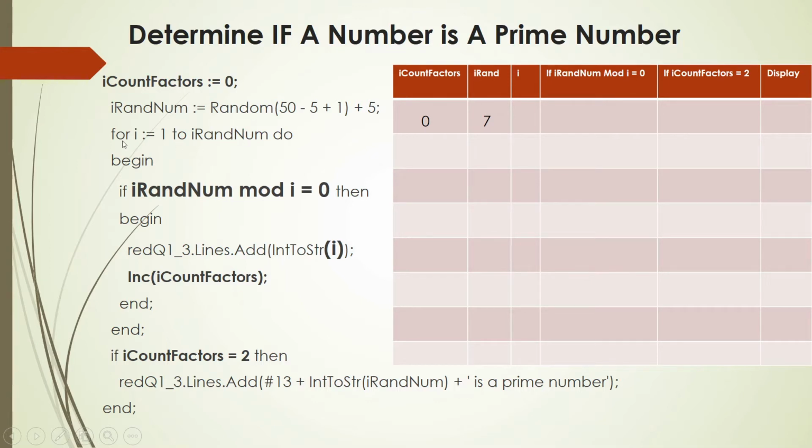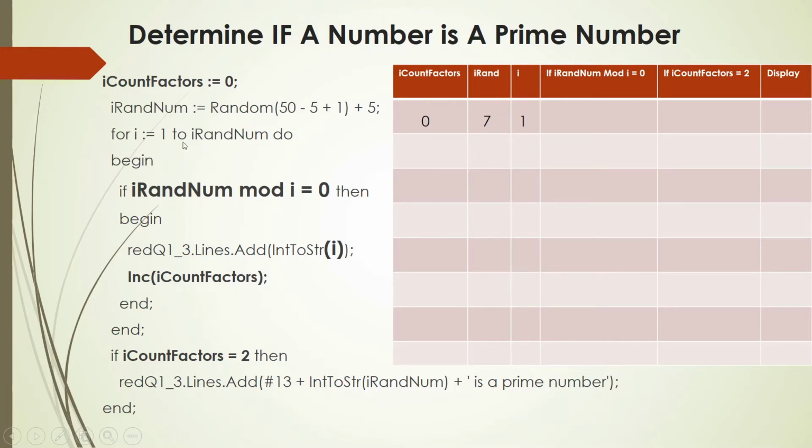I then come into my loop. For I, which is my loop counter, and you must declare I, starts off at 1 and ends at the maximum value, which is the value of the random number generated. So when I starts off at 1, the value of I on my trace table is 1.